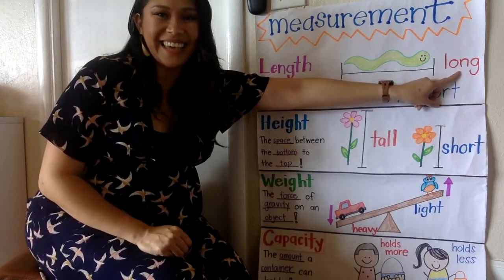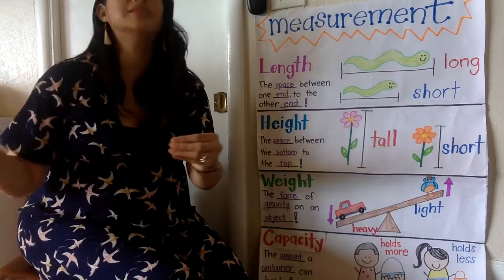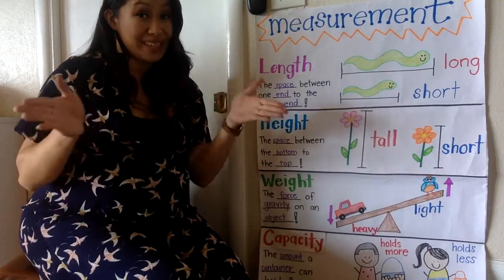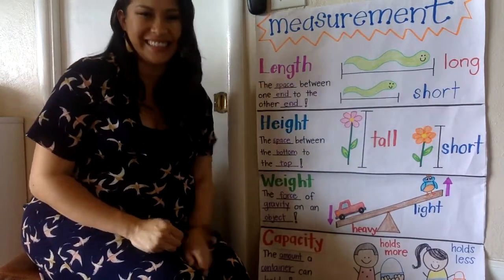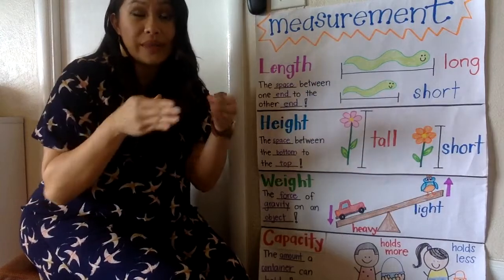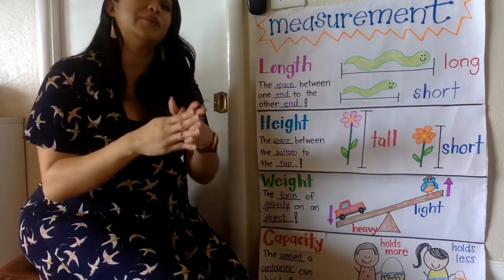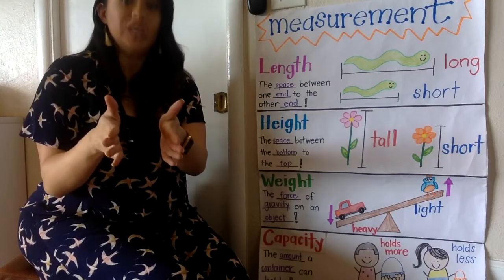Nice. It's long. Can everyone say long? Long. Good. If the space between is smaller, that's called, great, short. Everyone say short. Short. Good. So remember, a big space means long and a small space means short.